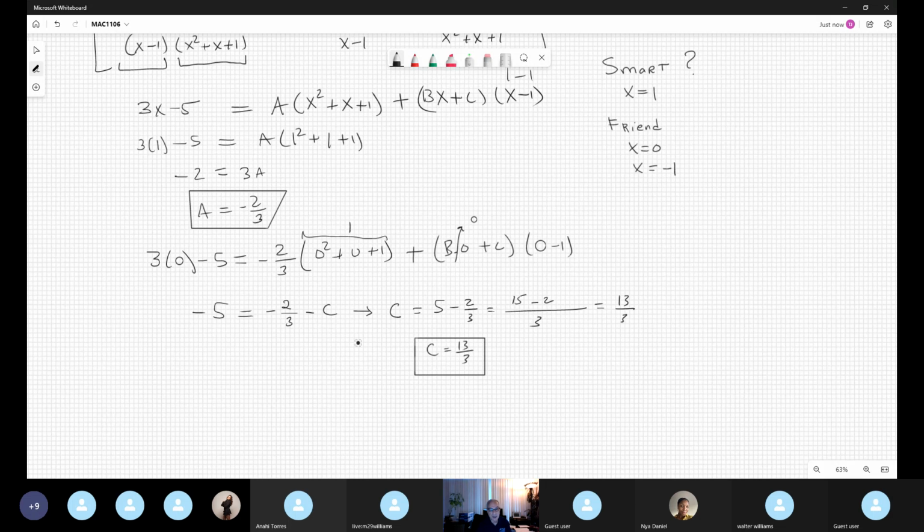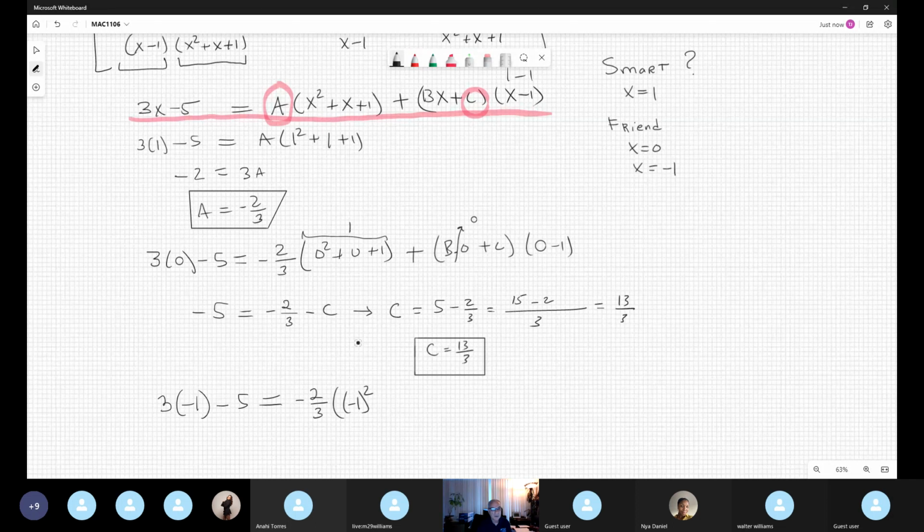Okay, I know I have in my hand A and C. I'm plugging into this expression again, plugging in x equal negative 1, under the consideration that you know A and you know C, and my only unknown is B. So 3 times negative 1 minus 5 is equal to minus 2/3 times negative 1 squared plus negative 1 plus 1, plus B, which I don't know, in parentheses, times negative 1 plus C, which is 13 over 3.